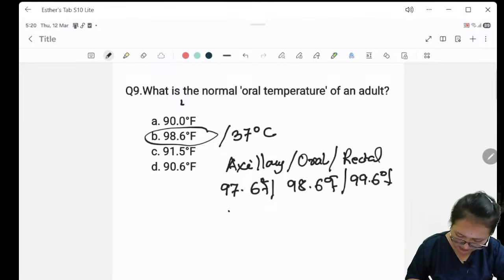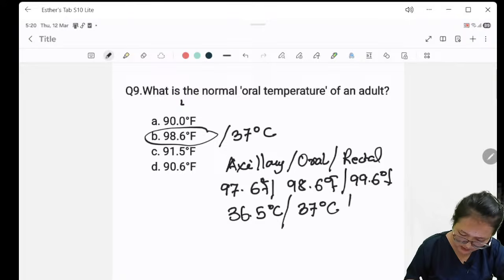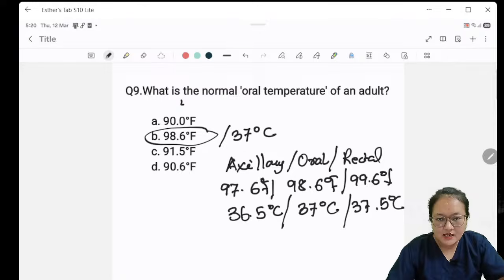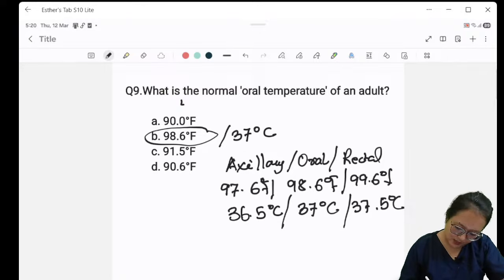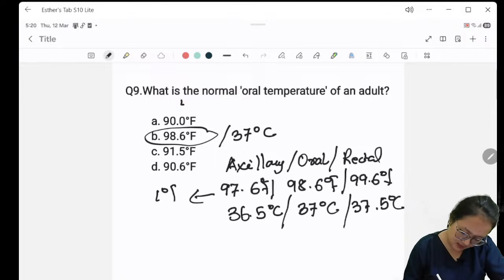In Celsius, we have 36.5 degrees Celsius, and then 37 degrees Celsius, and we have 37.5 degrees Celsius.